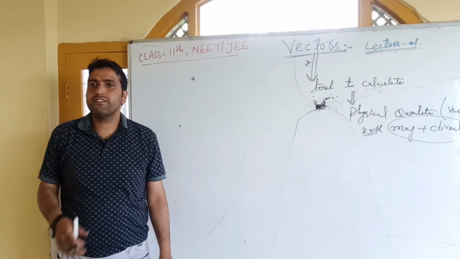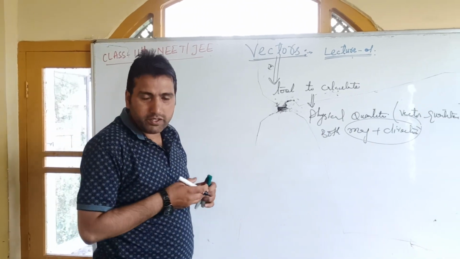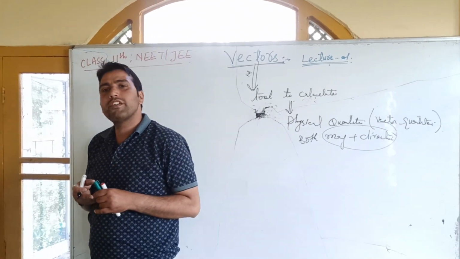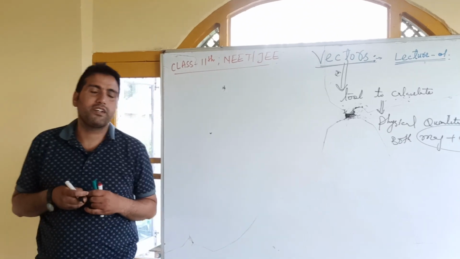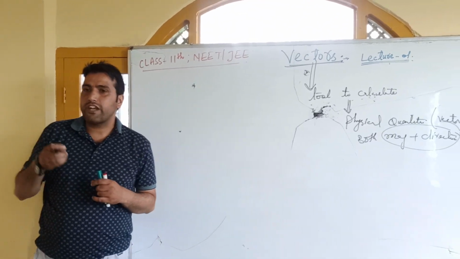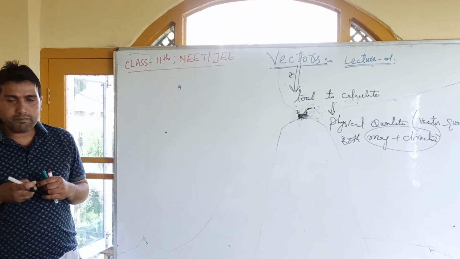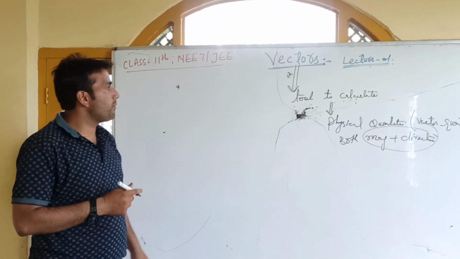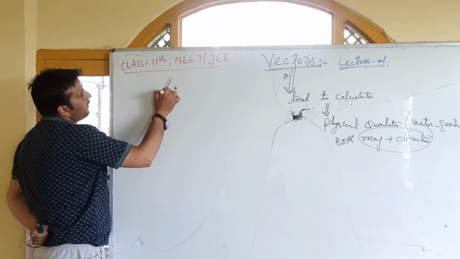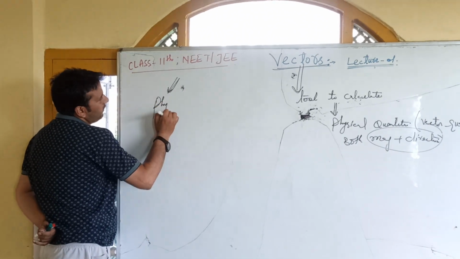In the earlier classes, when we discussed the topic of measurement in physics, we discussed the system of units. And in the system of units, dear, you got the sense of a physical quantity.